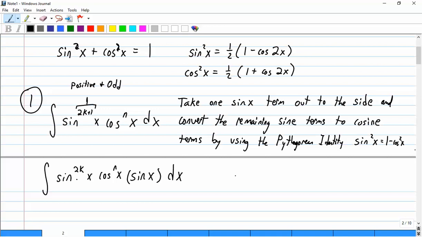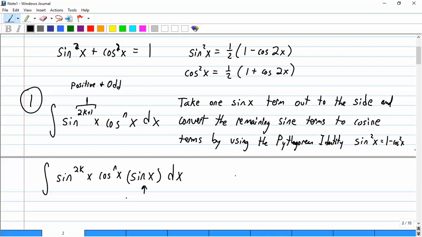Now, after I convert all of these sine terms, the sine of x to the even power terms over to cosine terms, then every cosine term will have this sine term out to the side. So every cosine term will have its du out to the side. That is why we bring this out.